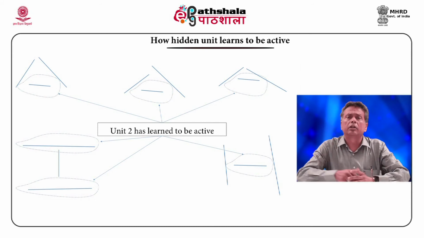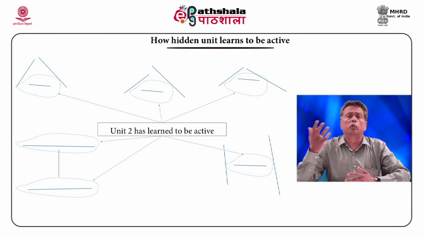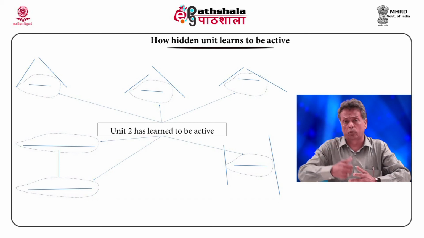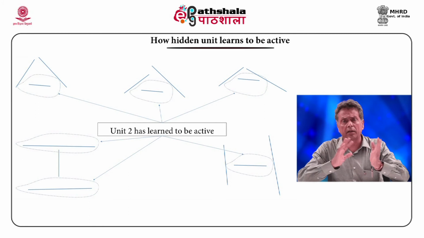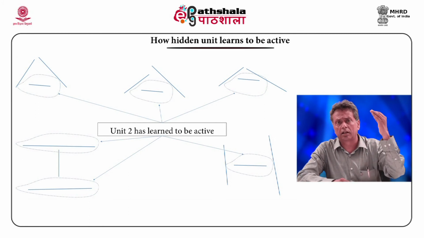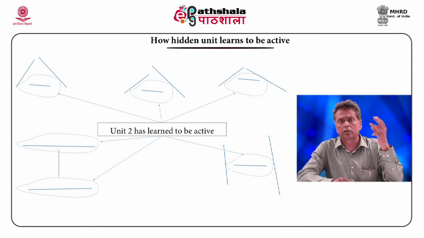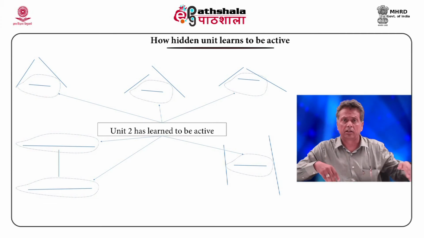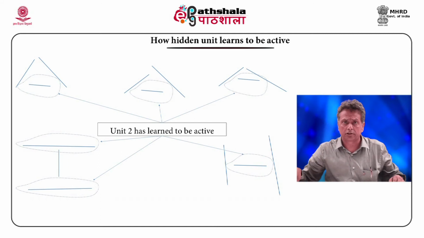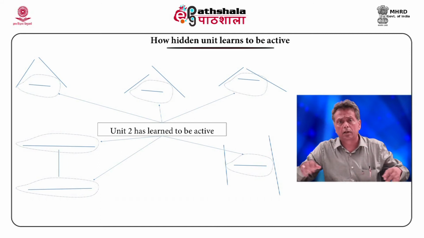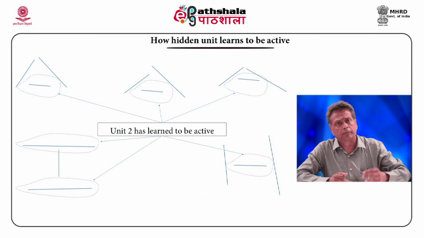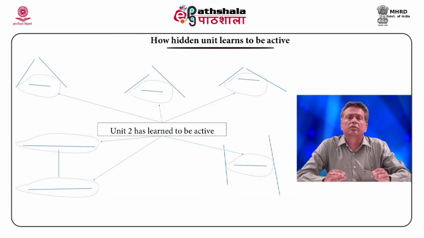How an output unit learns to remain active when, for example, A is provided to it is again pretty simple. It will just look at 3 hidden units: one slanting left to right up, one slanting left to right down, and the third horizontal.